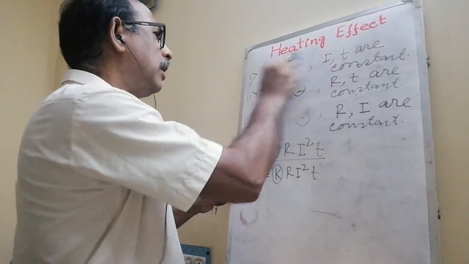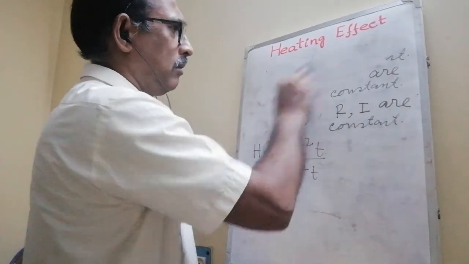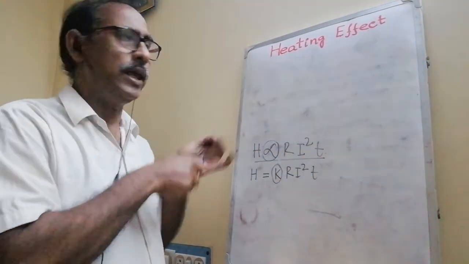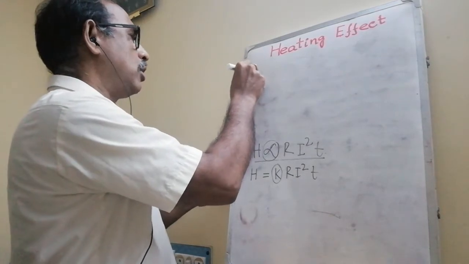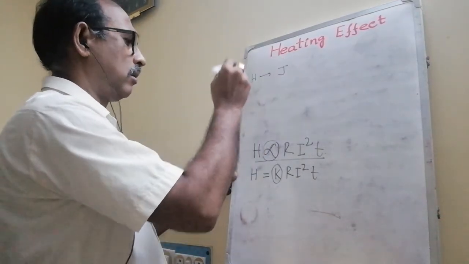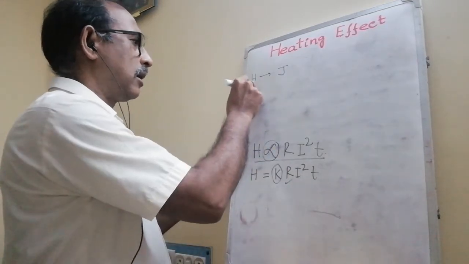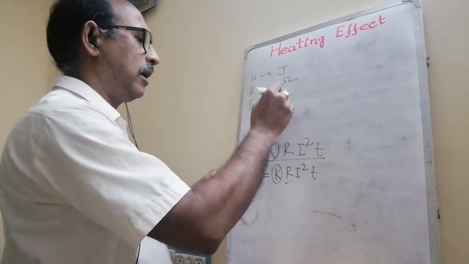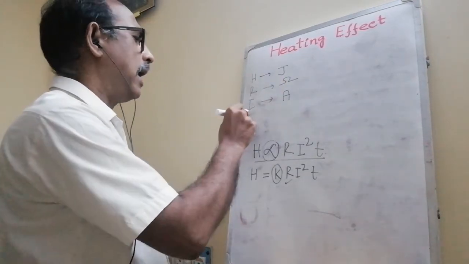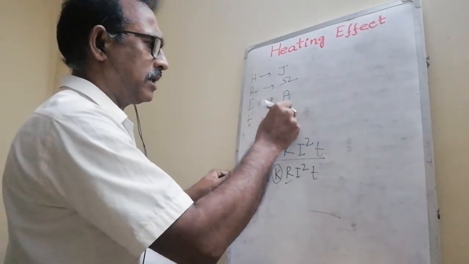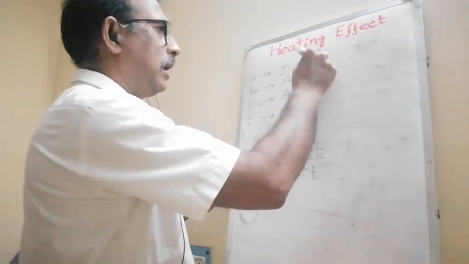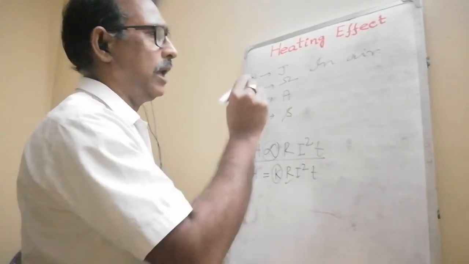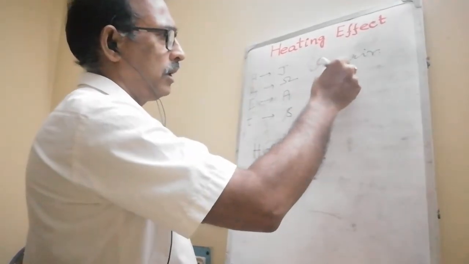Now, if the medium is air and the produced heat is taken in joule, that means in the SI system, resistance in ohm, current in ampere, and time in second, then in case of air the value of K is 1.